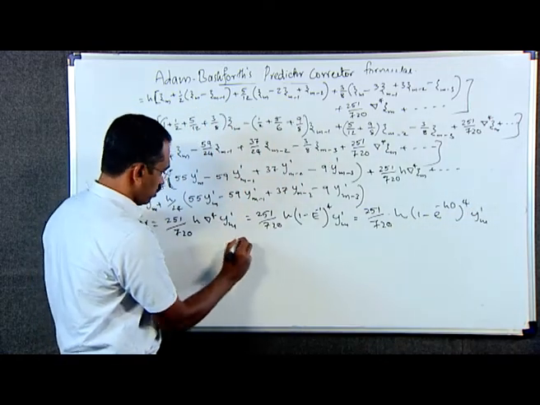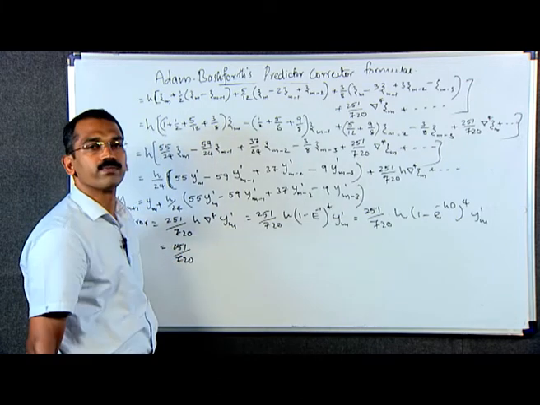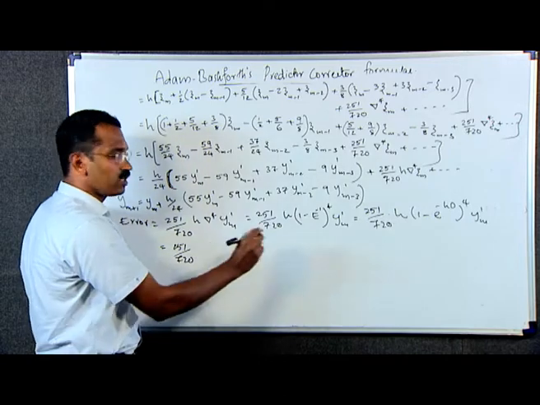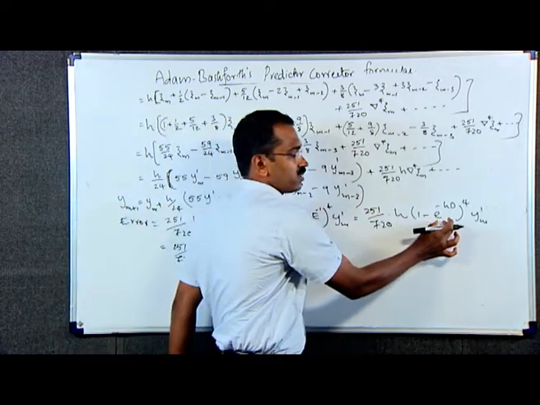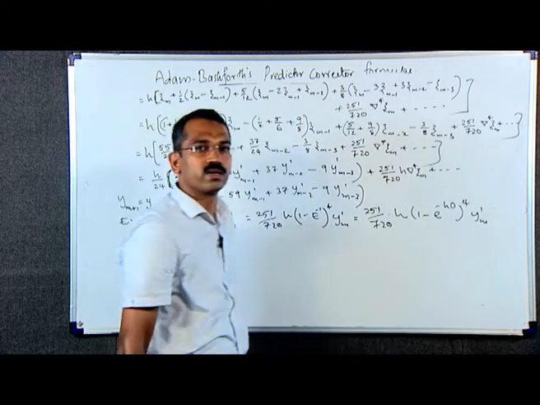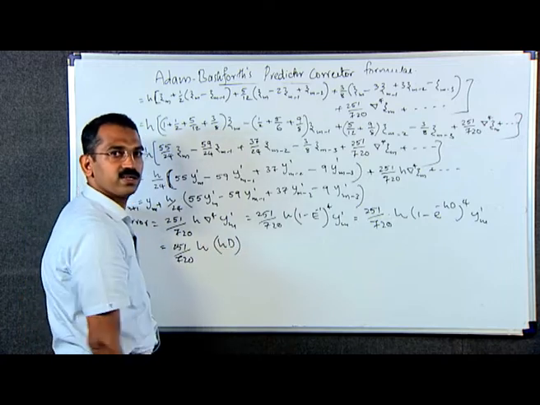which is equal to 251 divided by 720 into h into, this 1 minus e raised to minus hD can be written as hD, as h is very small.